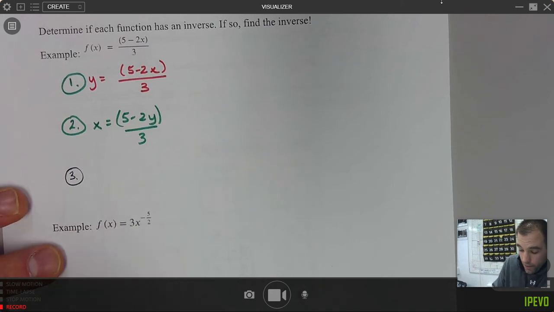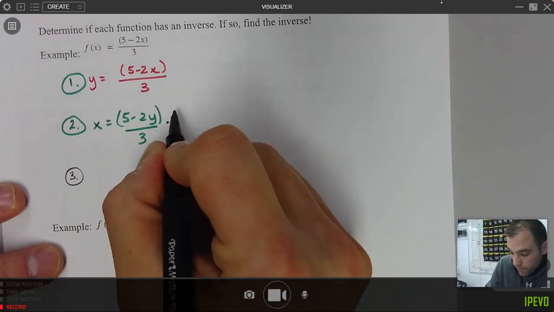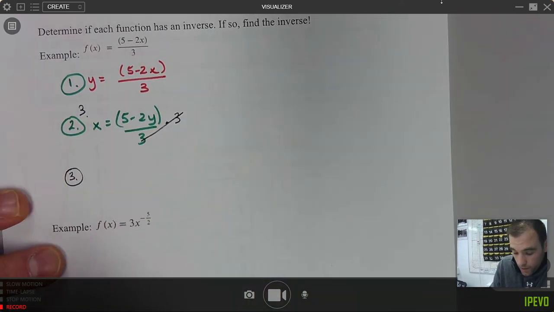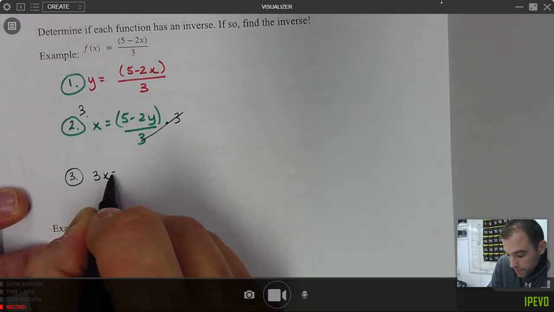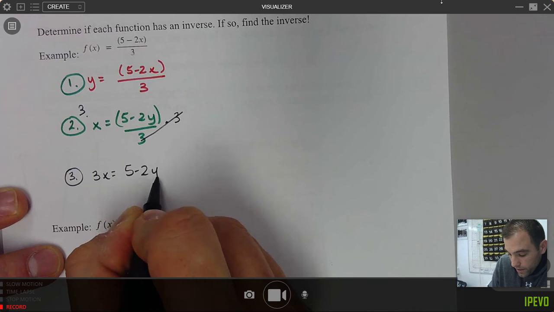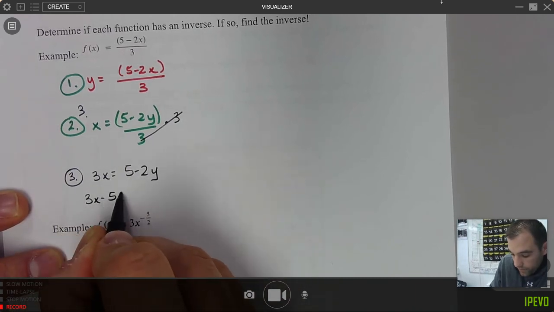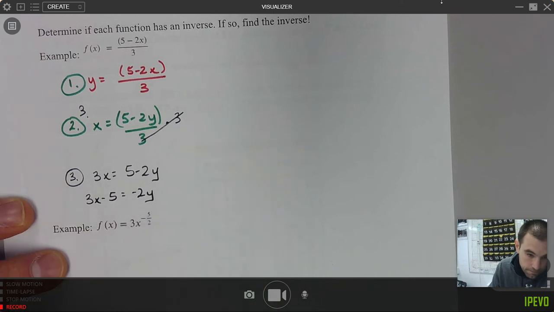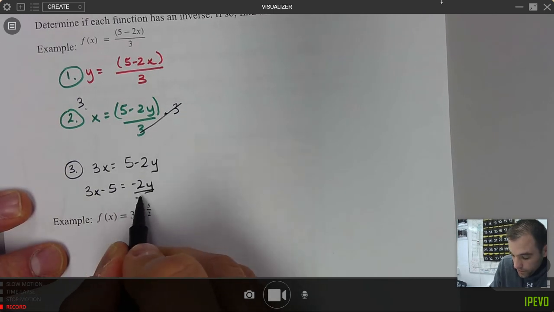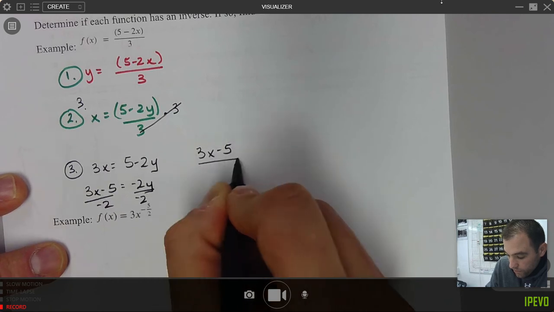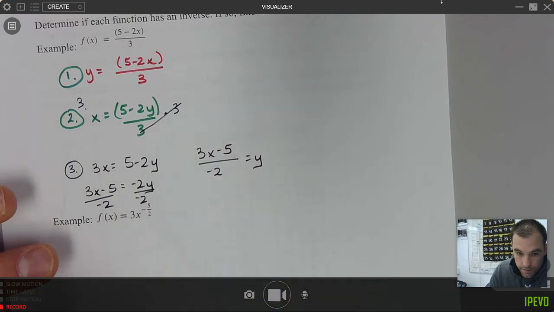In order to get y by itself, I first would have to multiply by 3, that way the 3's would cancel. And I get 3x equals 5 minus 2y. Then we would subtract the 5: 3x minus 5 equals negative 2y. And then I would divide both sides by negative 2. So 3x minus 5 over negative 2 equals y.